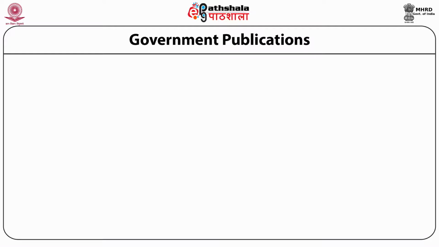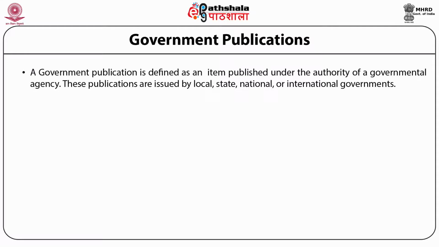Government publications as current sources of information. A government publication is defined as an item published under the authority of a governmental agency. These publications are issued by local, state, national, or international governments.